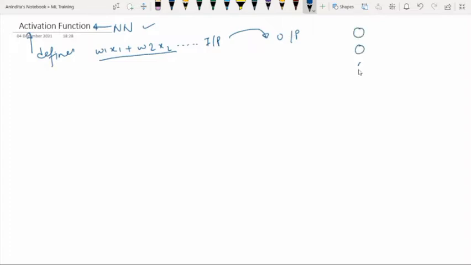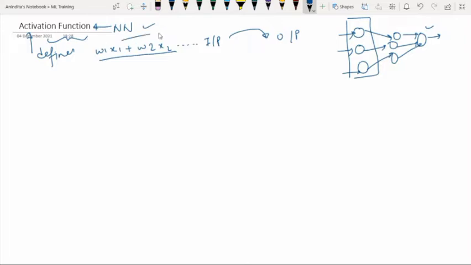So whenever we are talking about an input layer with some neurons, we have the concept of weights and inputs, right? And whenever it goes through the hidden layer, finally we get some output in the neuron of the output layer. So the activation function basically deals with transferring this weighted sum from one node to another node.